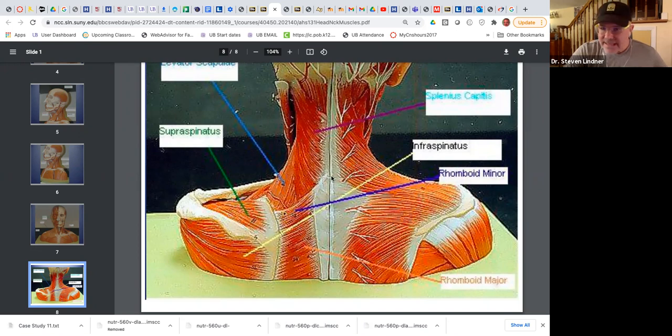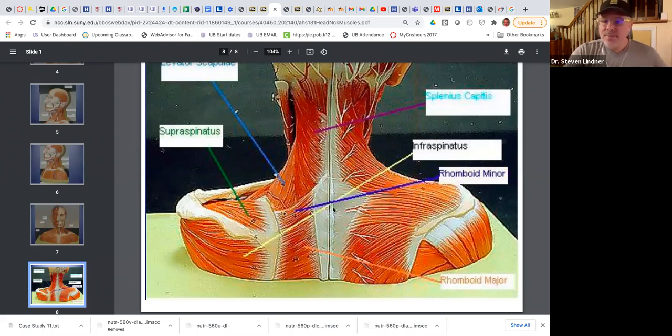So from C7 spinous process and T1 spinous process to the medial border or vertebral border of the scapula, that's where the rhomboid minor goes from and goes to. So this is the origin, C7, T1 spinous, to the vertebral, aka medial border of the scapula.